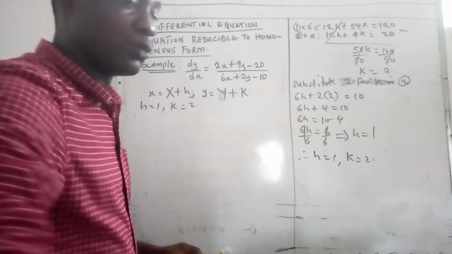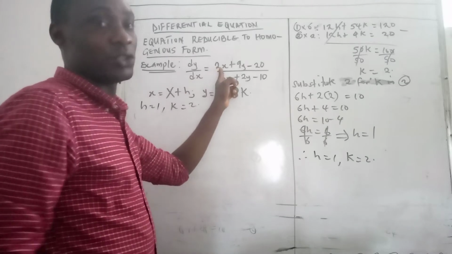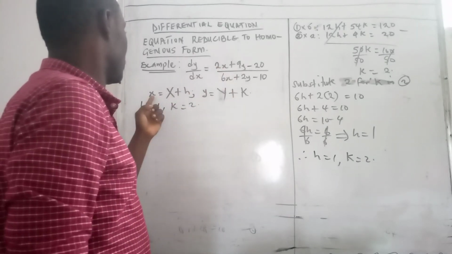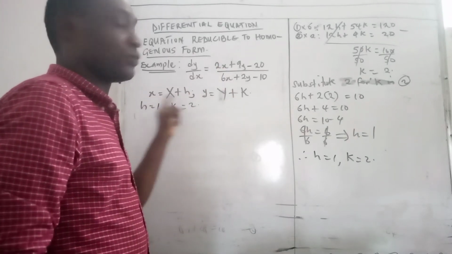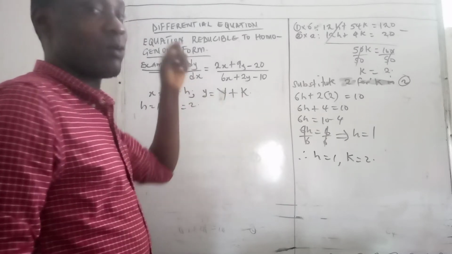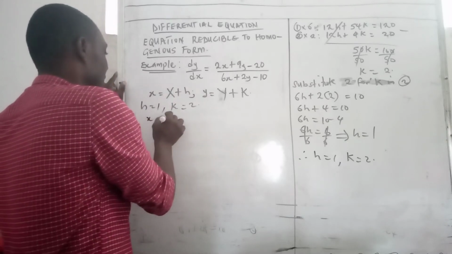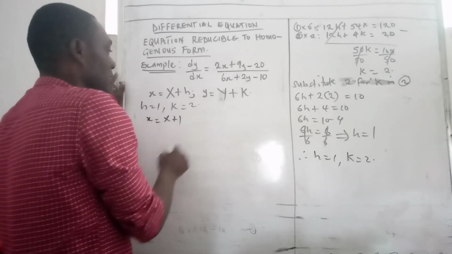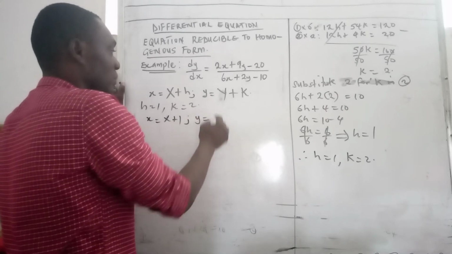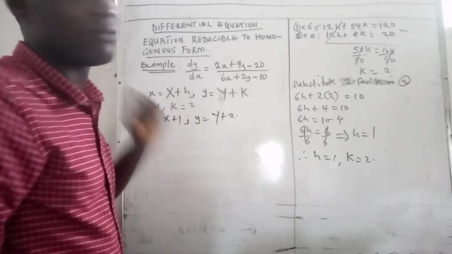Now what we need to do is to substitute this into this equation. We are going to substitute X plus h for x and Y plus k for y. Of course, we know that x becomes X plus 1, and y becomes Y plus 2. So we are going to substitute this for this.